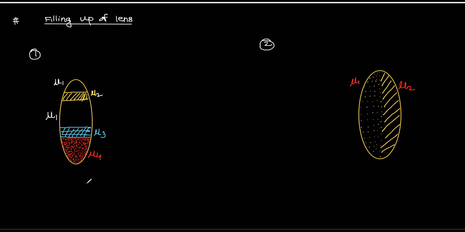So now how we have filled in this case, you see, in this case there are 4 refractive indices, right? So how many number of images? Number of images in this case is equal to the number of refractive indices.